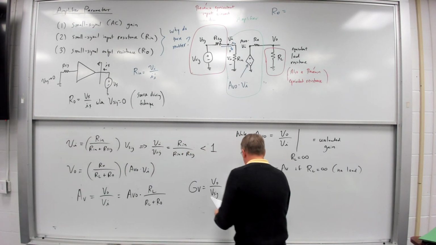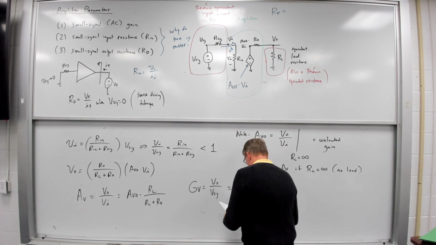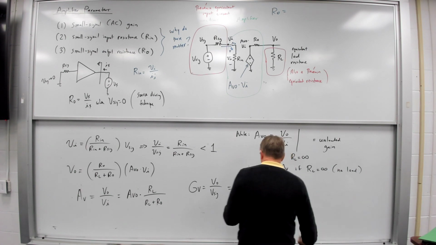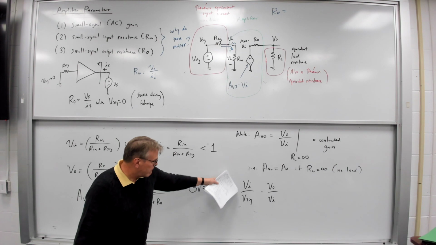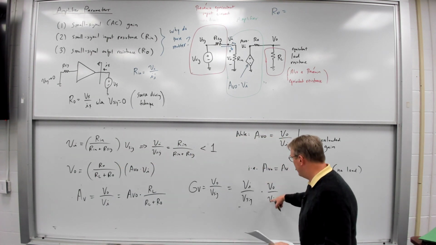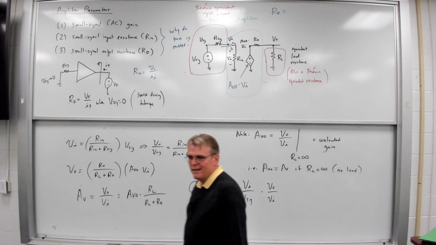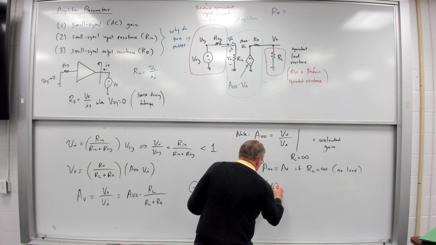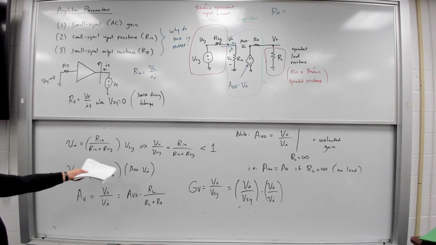Well, that's equal to, I'll use the chain rule. I can break this down and say it's equal to VI over V sig times VO over VI. So I'm multiplying top and bottom by VI, and I'm decomposing this. And the reason why I decomposed this was to then insert these terms I just derived.